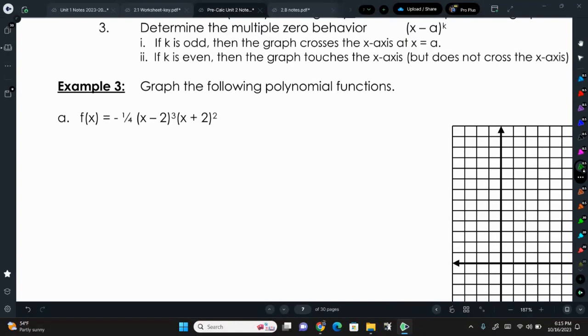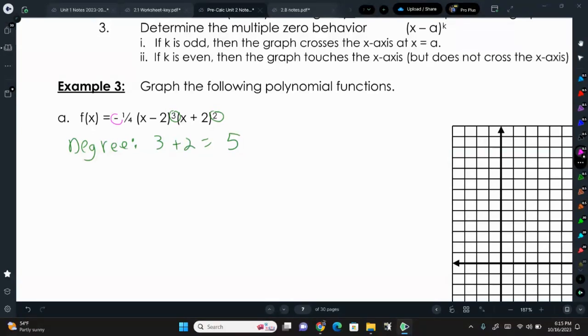So the degree of this function, if it were in standard form, we would find the highest exponent, but in intercept form, our degree is going to be 3 plus 2, which is 5. So we have an odd degree.